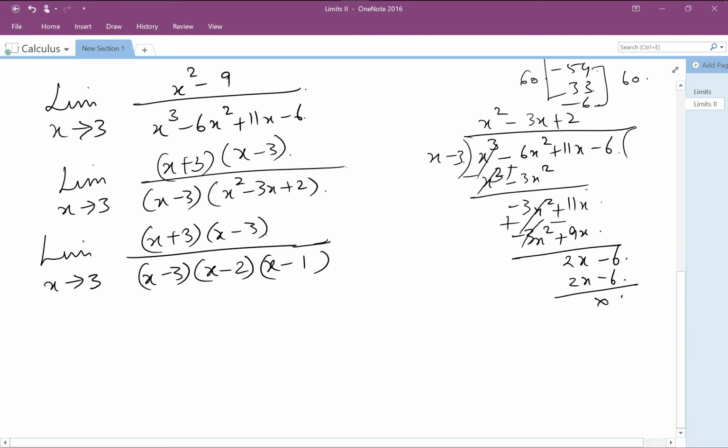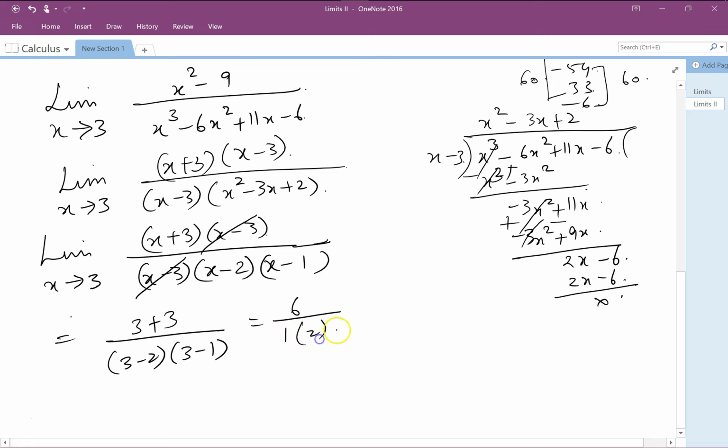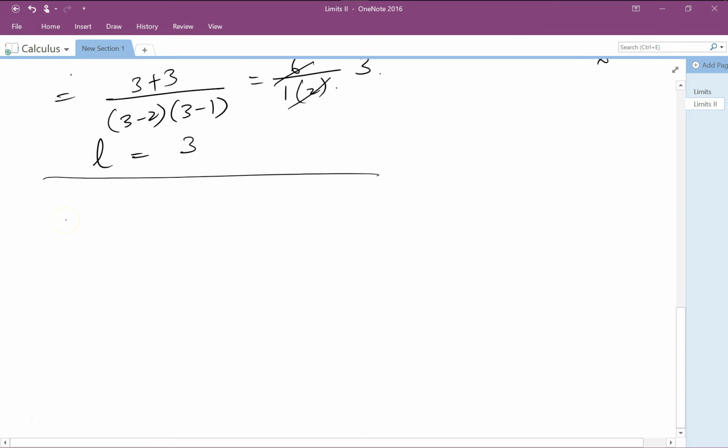Okay, so x minus 3 gets cancelled. Now if we substitute, what happens? 3 minus 2 is 1, 3 minus 1 is 2, and 3 plus 3 is 6, so 6 by 1 times 2, which is 3. So the limit is 3. Let's take a few more.